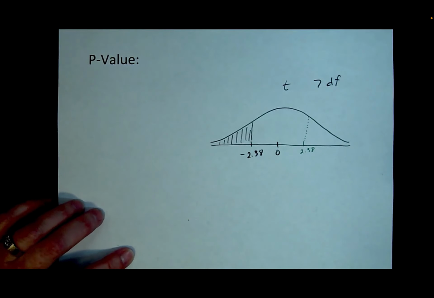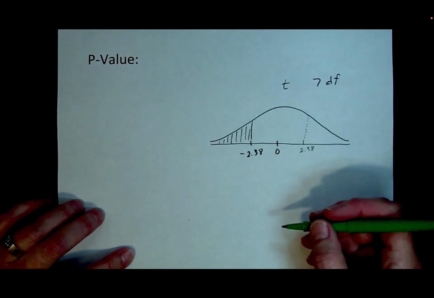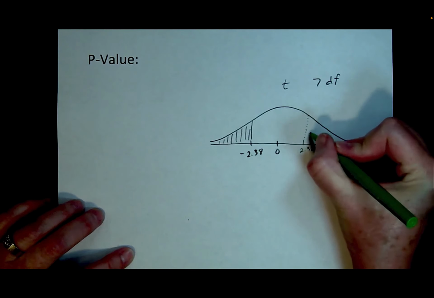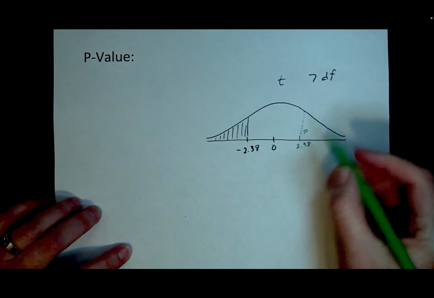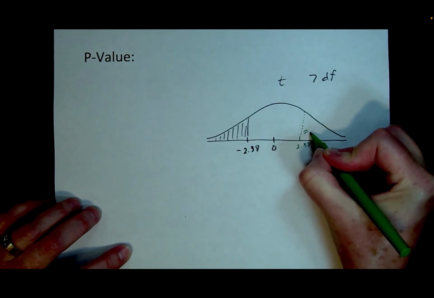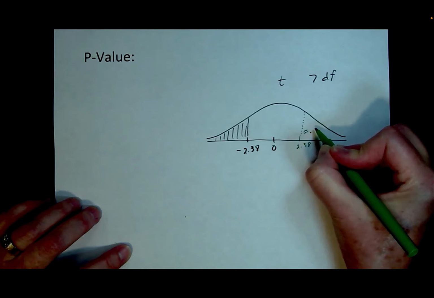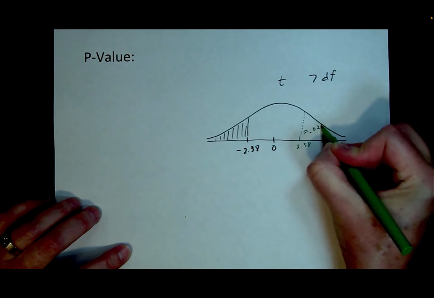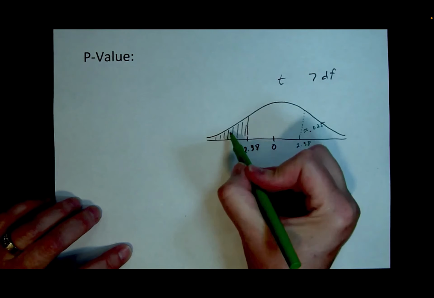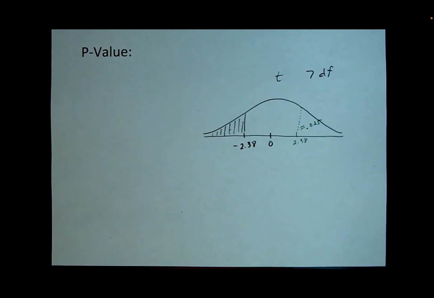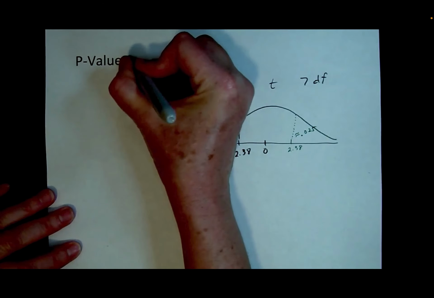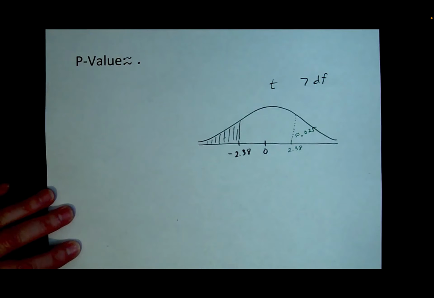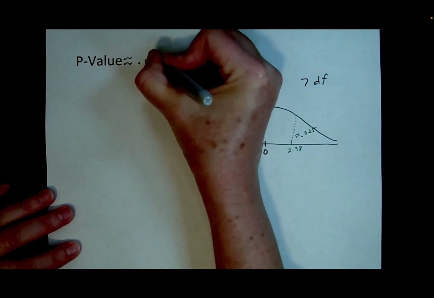So if you look this up, you can't find exactly 2.38 on there, but the number that's closest to that will give you area 0.025. So the p-value is approximately 0.025. Now, what do we do with that?